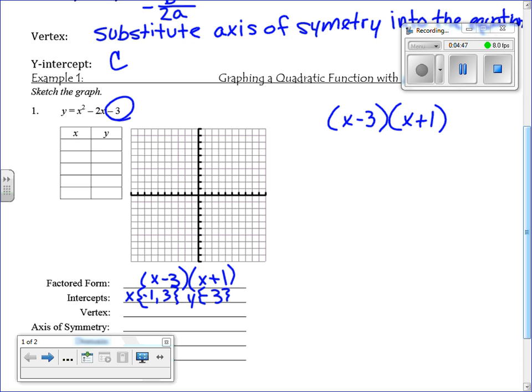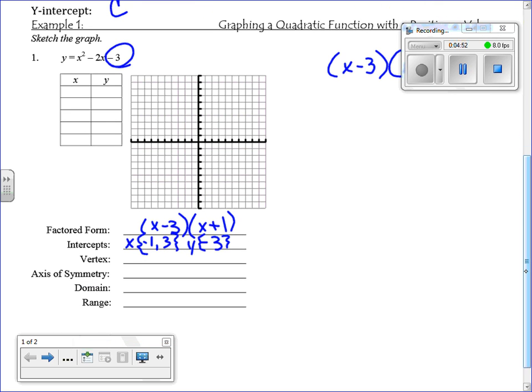The next thing on the list is the vertex. Before I figure out my vertex though, I want to determine my axis of symmetry. Our axis of symmetry is found by doing the negative of b divided by 2a.